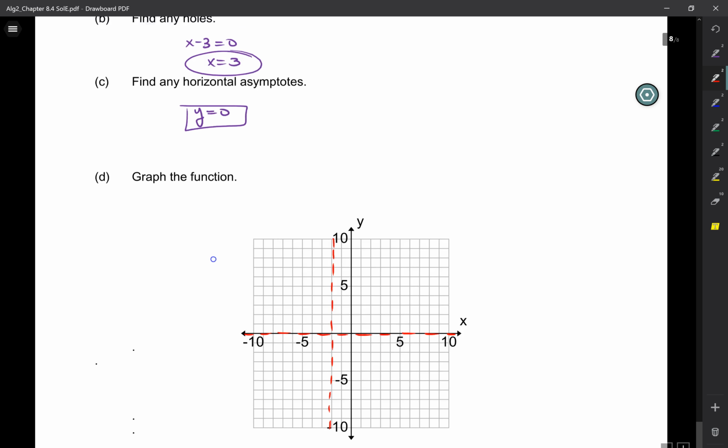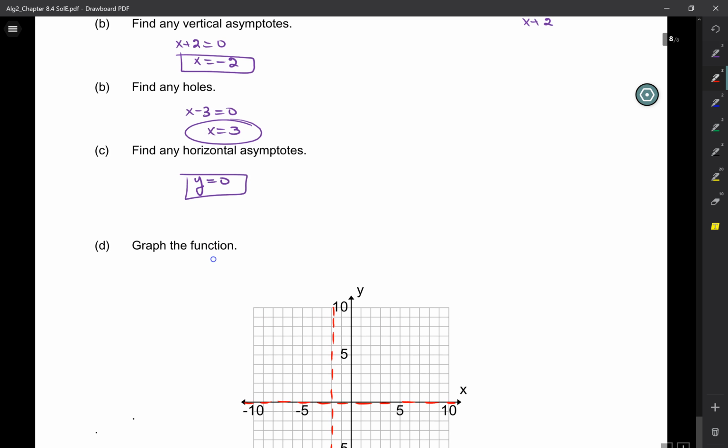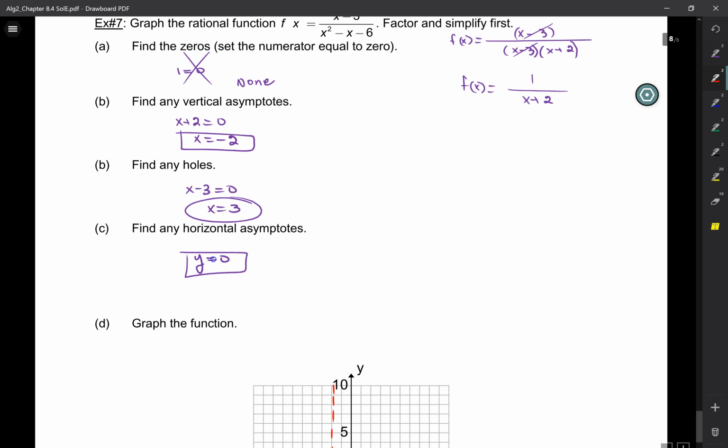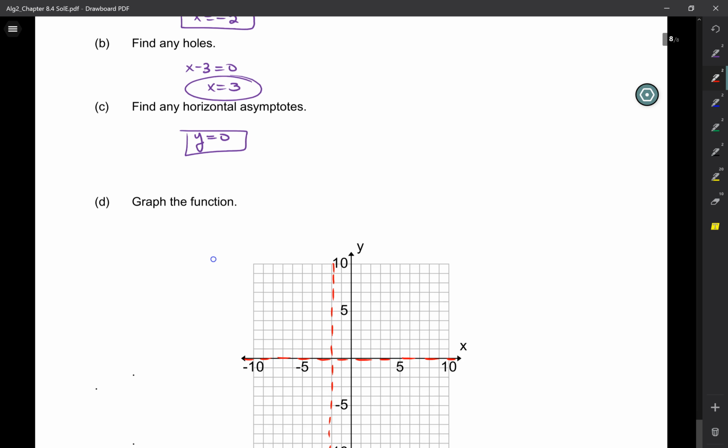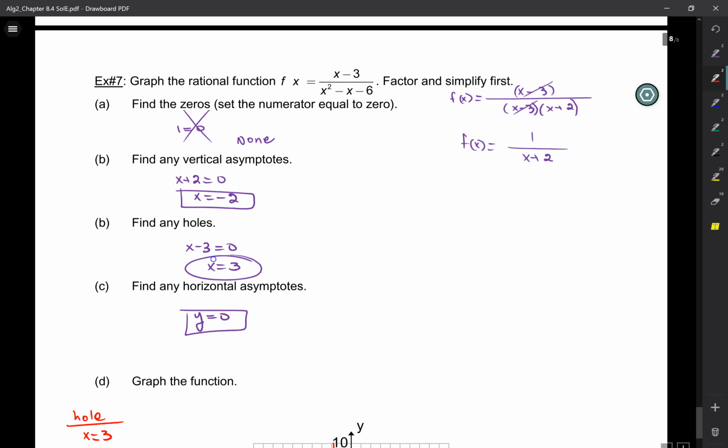I'm waiting. What am I waiting for? Okay. So the hole is at x equals 3. What would the y value be?